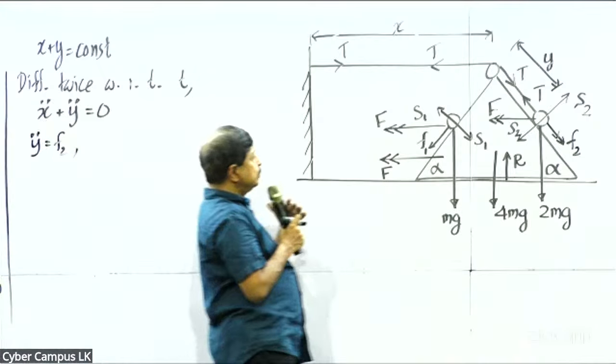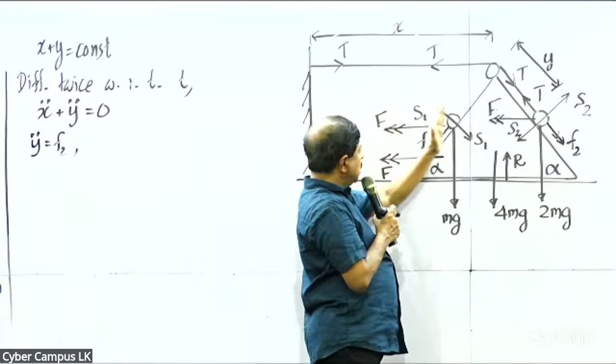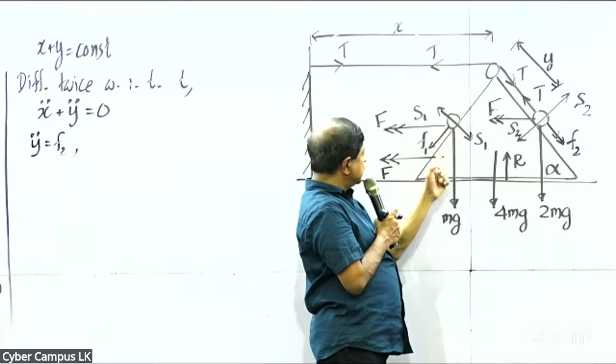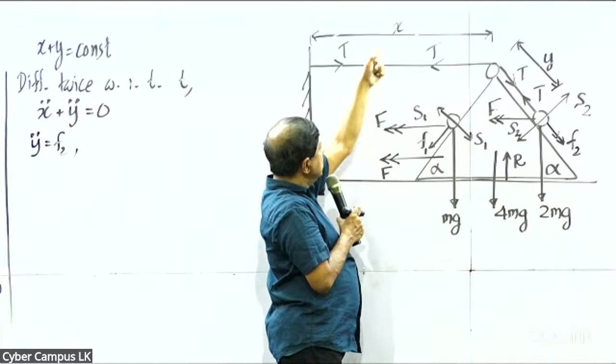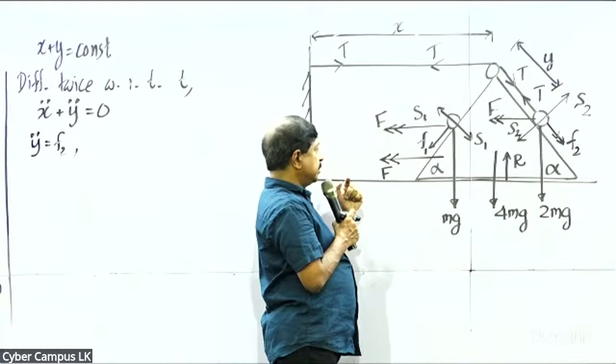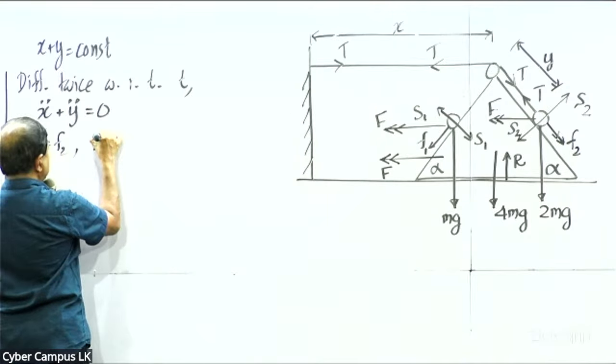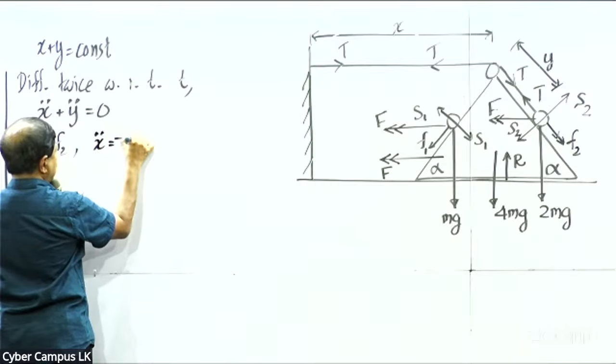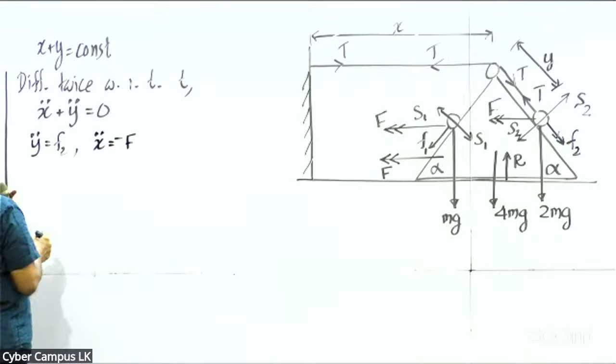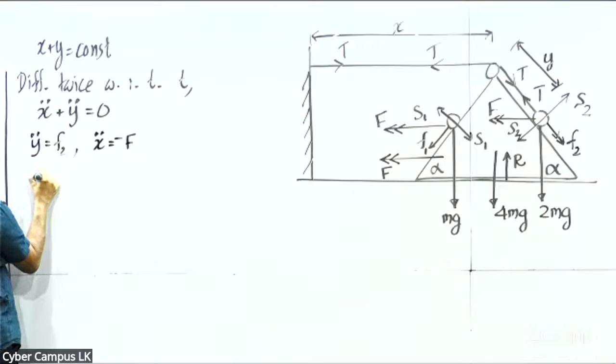Now here, if this takes the direction indicated by capital F, x is decreased. Therefore, it's a negative relationship. Now we'll plug in these values here.